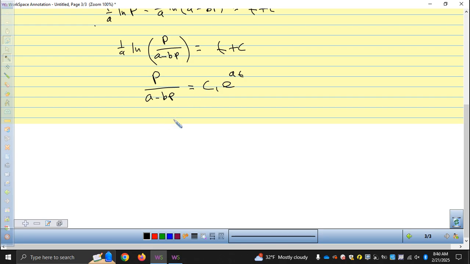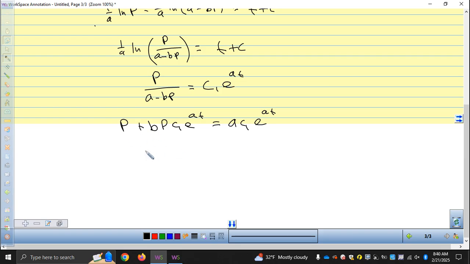So I'm going to multiply and gather all my terms that have a P on one side of the equation, everything else on the other side. So I get P plus B P C1 e to the AT equals A C1 e to the AT. So I'm distributing this C1 e to the AT, and then gathering all the terms with P on one side and everything else on the other side.